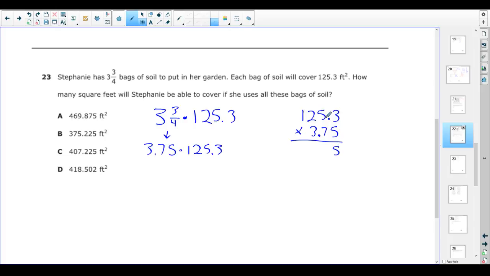So 15, 26, 12, 6. When we go to the second number, we bring down a 0, right? 7 times 3, 21. 7 times 5 plus 2, 37. 7 times 2 is 14, plus 3 is 17. 7 times 1 plus 1 is 8.